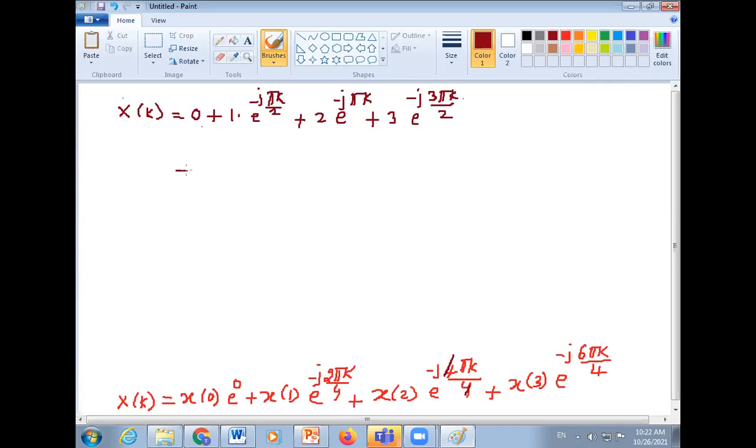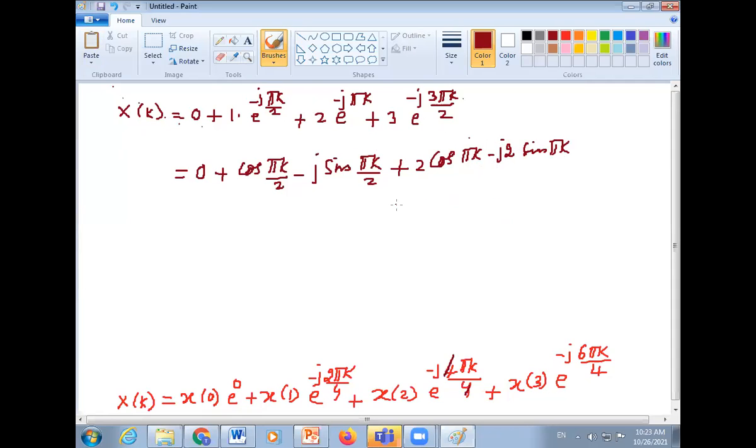So this will be equal to 0 plus cos of pi k by 2 minus j sin pi k by 2, plus 2 into cos pi k minus j 2 sin pi k.